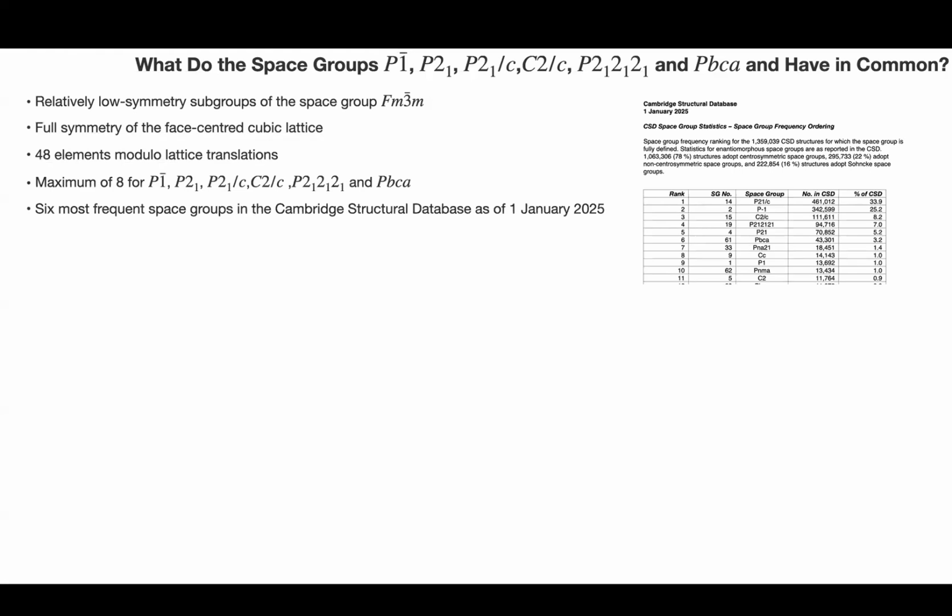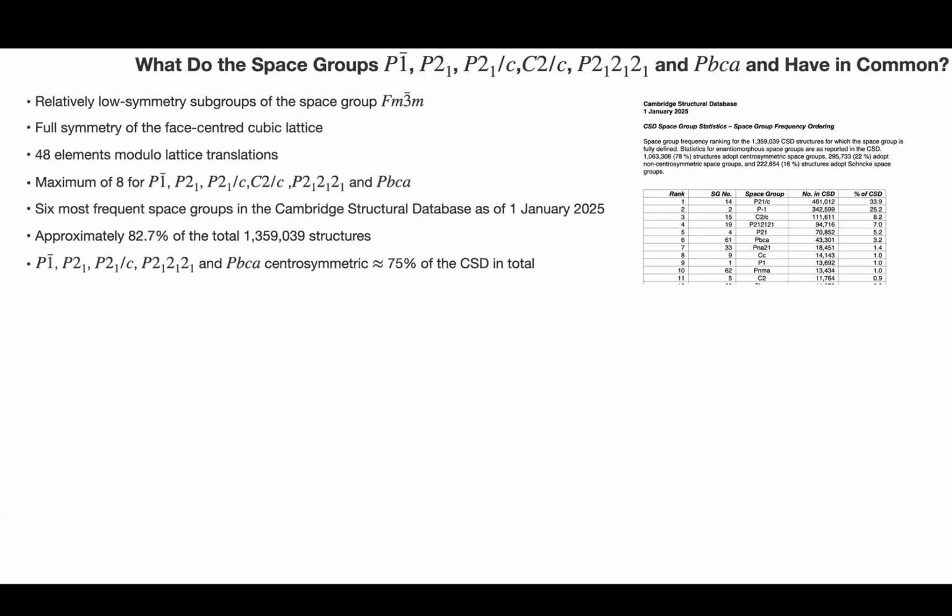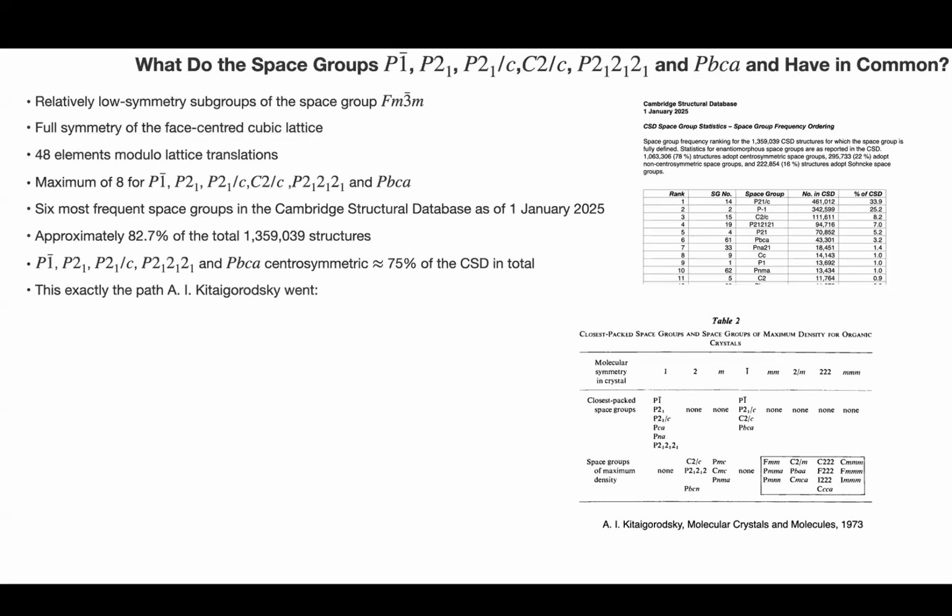These are 6 of the most frequent ones in the Cambridge Structural Database, which makes about 82% of the structures. If you remove C2/c, they're all centrosymmetric, and that's 75% of the CSD.